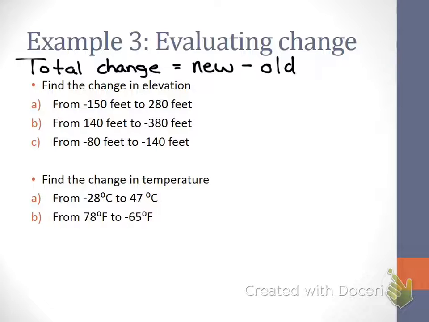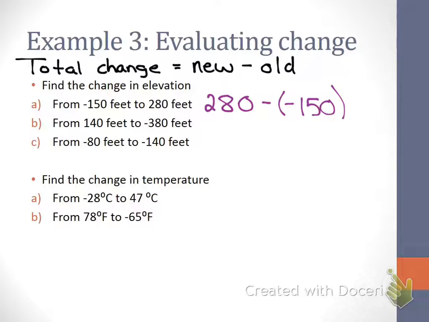So here's what happens when I start plugging in these numbers. Again, it's new minus old. So if I'm ending at 280, I'm going to subtract: 280 minus, the subtraction sign's already in my formula, minus negative 150. 280 minus negative 150. Do you see why that's a double negative? New elevation minus the old elevation, which is already negative.